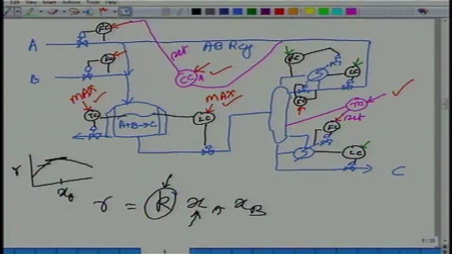But then what happened, even if there is a slight excess of A and B, the boiler keeps on increasing, and then it hits some limit, and then the excess starts dropping down, and again my product is contaminated. That's also not acceptable, and it's not acceptable because A and B are not being fed in the exact stoichiometric ratio. To maintain that stoichiometric ratio, we put in that composition control.